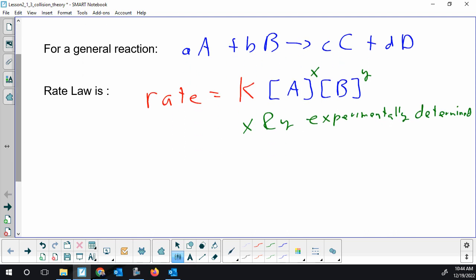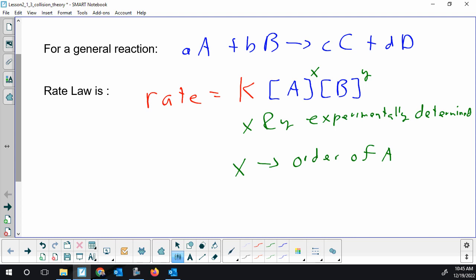Okay. Now another term to express X is referred to as the order of A. So A might be first order, it might be second order, it might be third order. First and second is the most common, first being by far the most common. If something is second order for A, it means two A's have to hit each other in the slow step. Okay? The probability of 10 things needing to hit each other at the same time and having orders of 5 for two chemicals is slim to none.